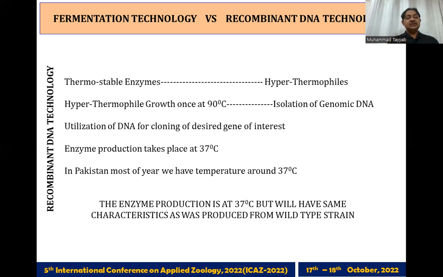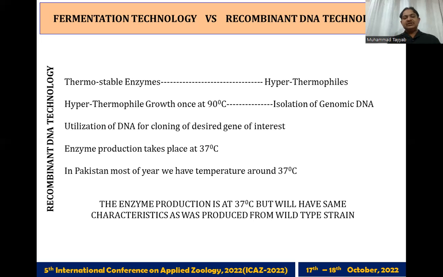And the important thing is that if you are going to utilize some mesophilic microbial strain as the expression host, that can grow simply at 37 degrees Celsius. And we know in Pakistan, most of the year we are having around this temperature.